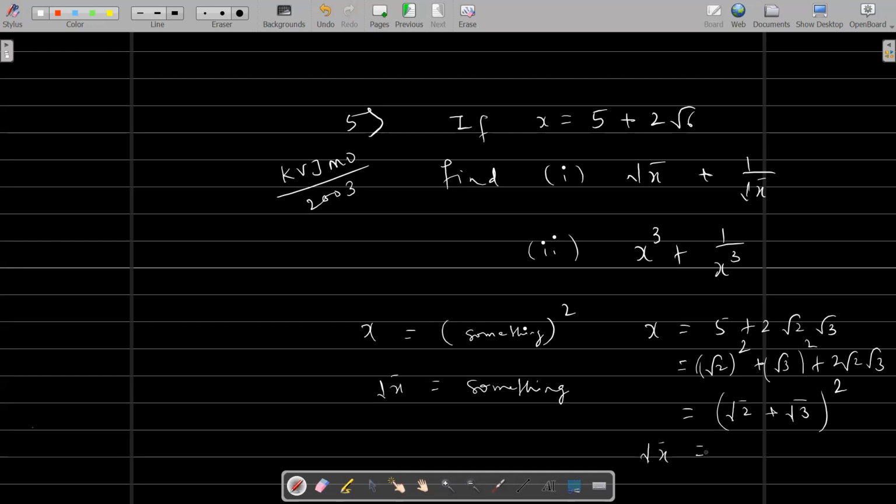So root x is, in fact, x is surely positive, so root x is root 3 plus root 2, okay? And once I get root x, by rationalizing, we'll get 1 by root x.